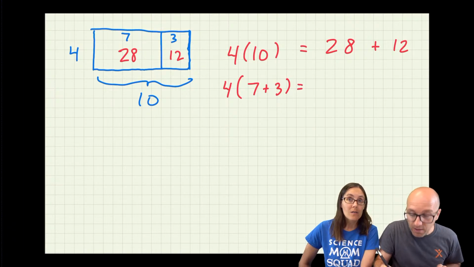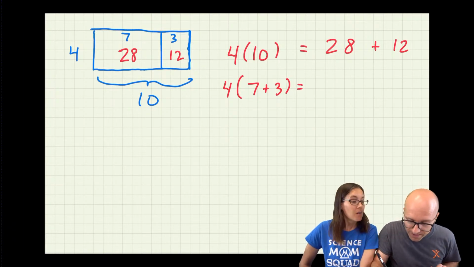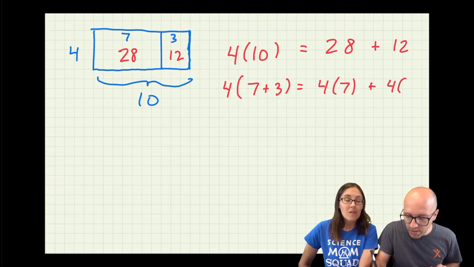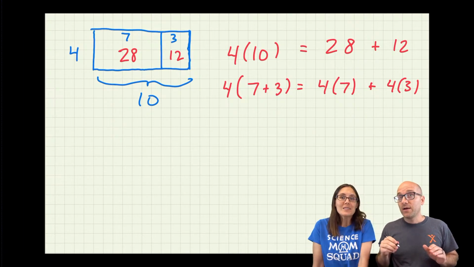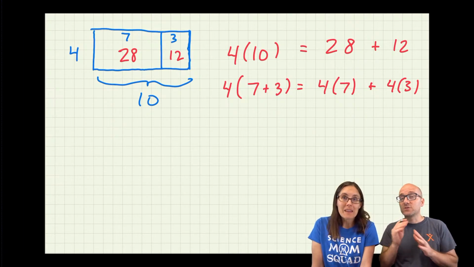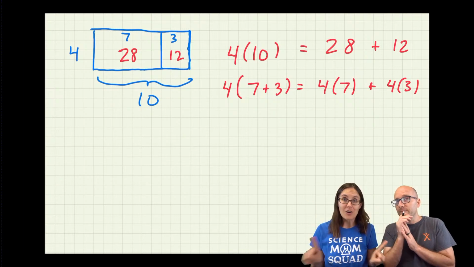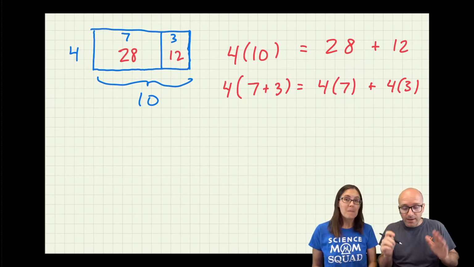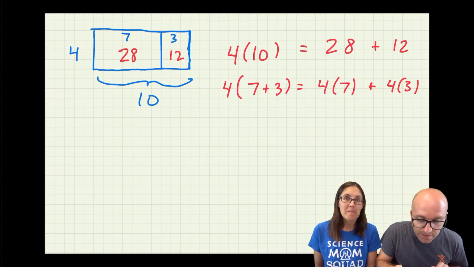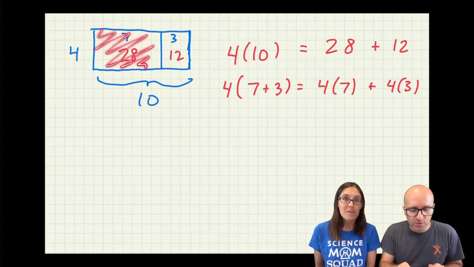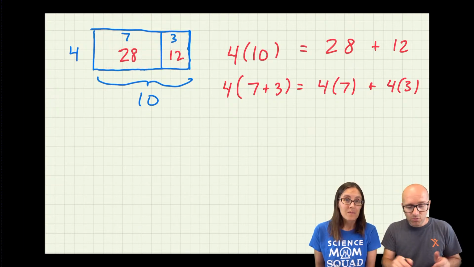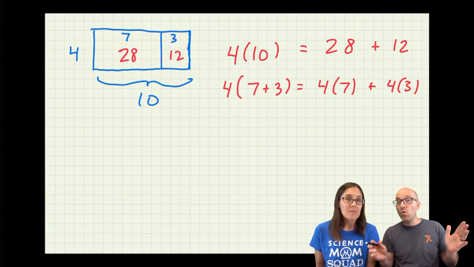And on the other side, I'm going to write it as 4 times 7 plus 4 times 3. Interesting, and you're saying those 2 expressions are equal. That's right. They are equal to each other in every sense of the word. It's just whether we were counting the 2 boxes separately and then adding, or doing it all at once.